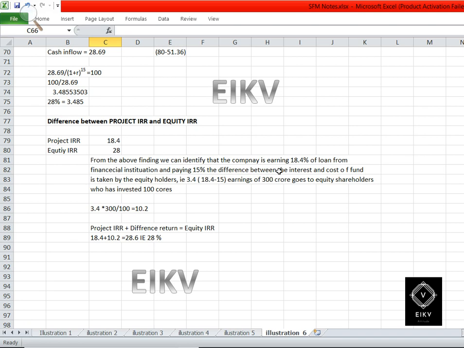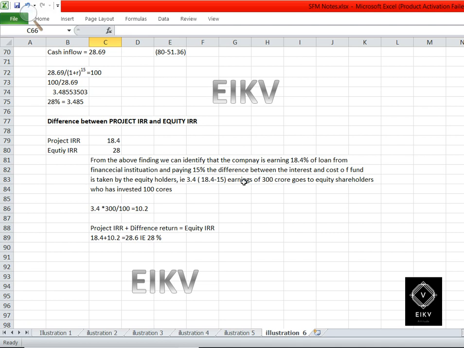The difference between the return and the cost of the fund is taken by the equity holder, which means 3.4. As I have told earlier, the project IRR is 18.4 and the cost of the fund is 15%. So there is an excess of 3.4.